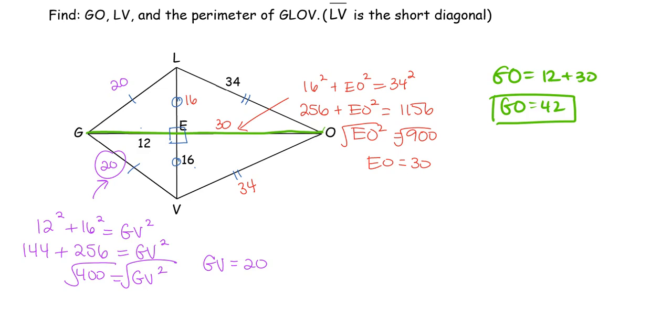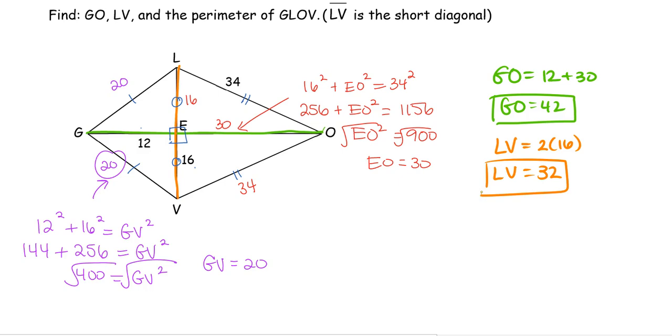Next, we want to find LV. So LV is that short diagonal, and because it was being bisected, we just had to double that 16 to find that LV was going to be 32. And last, we want to find the perimeter of our kite.